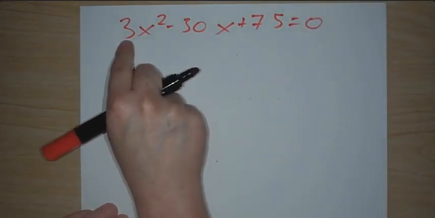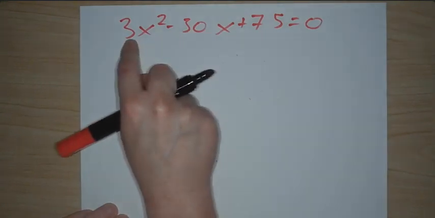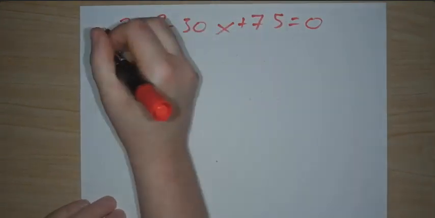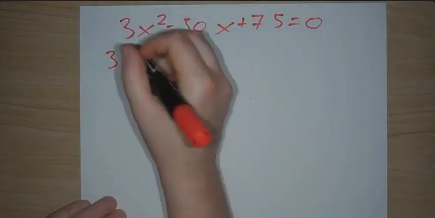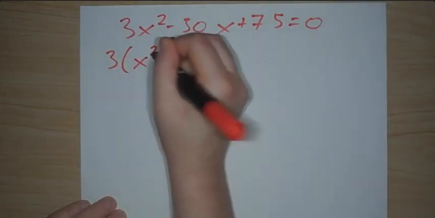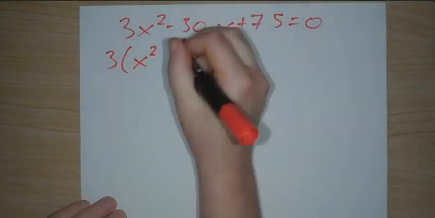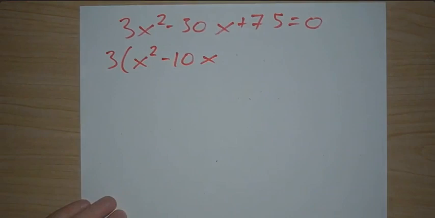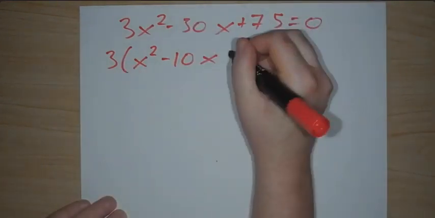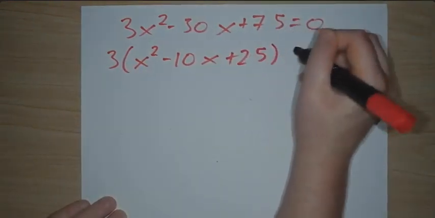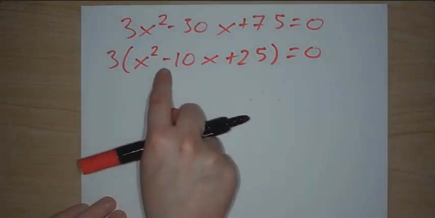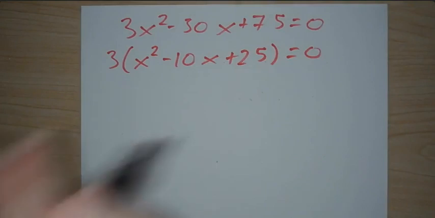We notice there's a factor of 3 here, 30 is divisible by 3, and so is 75. So we take out a 3: 3 times x squared, 30 divided by 3 is 10, negative 10 because it was a negative 30, and 75 divided by 3 is positive 25, equal to 0. Now we can factor x squared minus 10x plus 25.